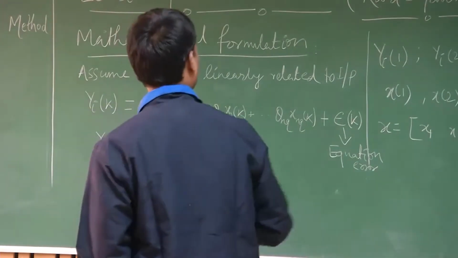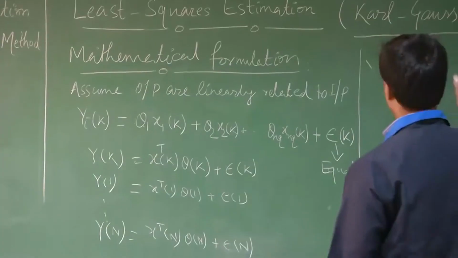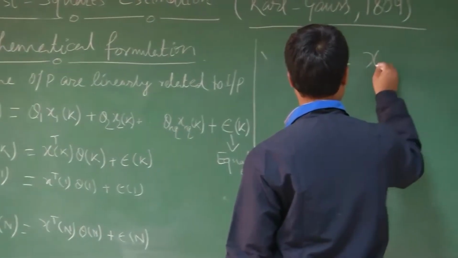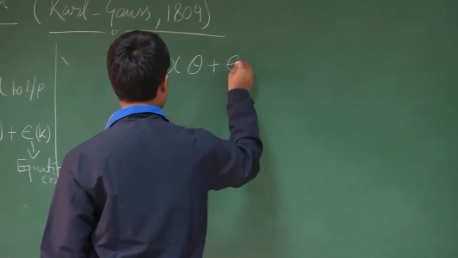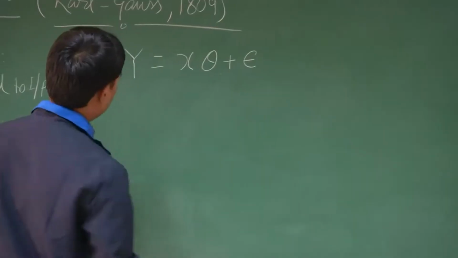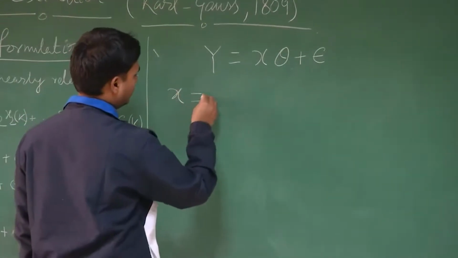This is how you will write it. Further, in a general matrix form, you can write y equals x theta plus this error. This is the matrix form notation.